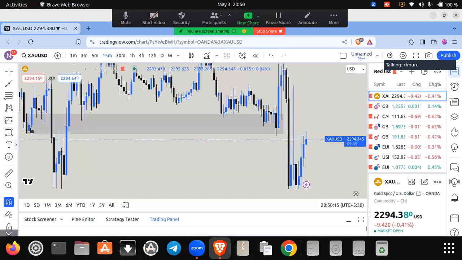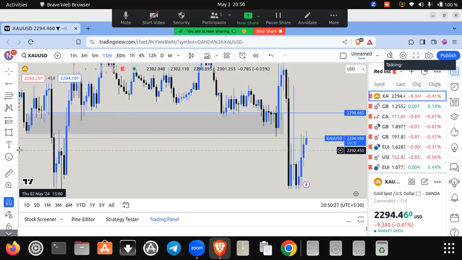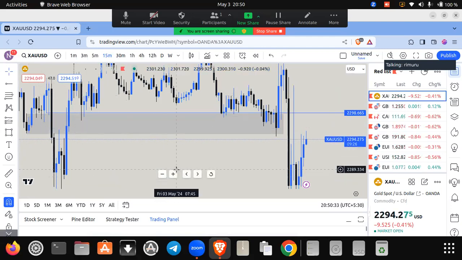This is an engulfing buy fail. And once again, this blue candle broke this engulfing buy zone. Engulfing buy fail, which broke again. Now we know that this is a hidden engulfing buy.